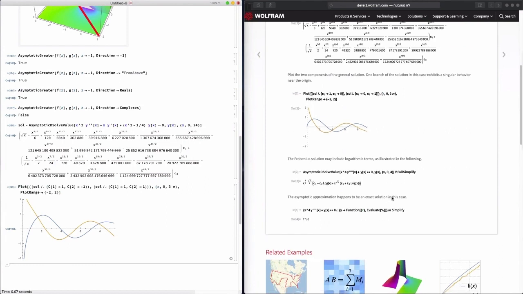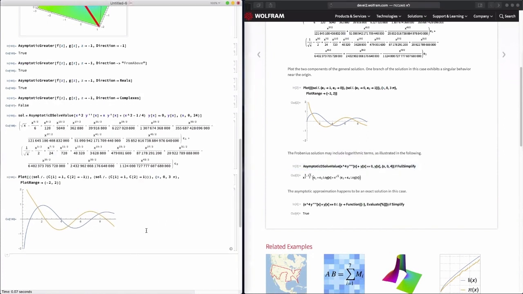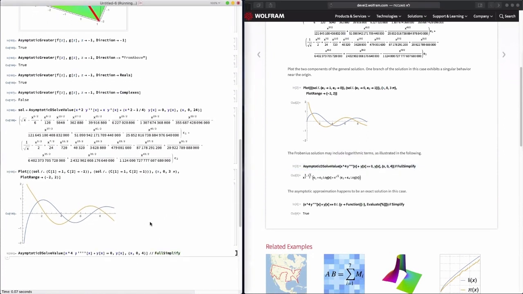And this solution points out another nice example. I think I'll just use it. So we're solving a 4th order equation in which we get some asymptotic terms. We get some logarithmic terms, and we see 4 constants of integration since it's a 4th order equation.